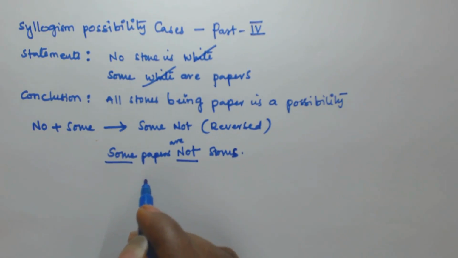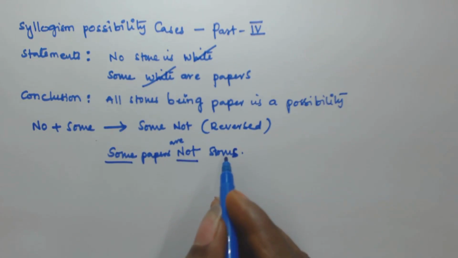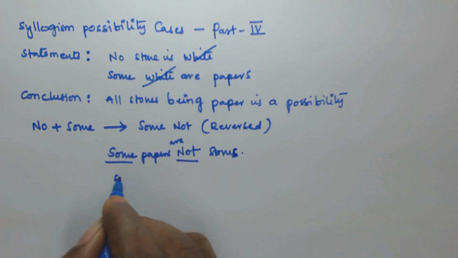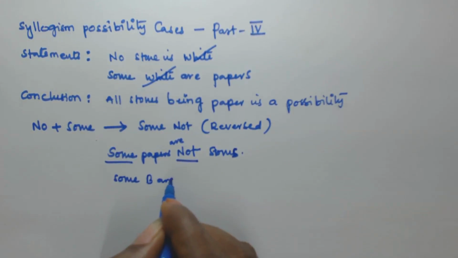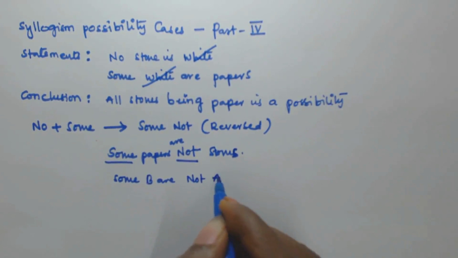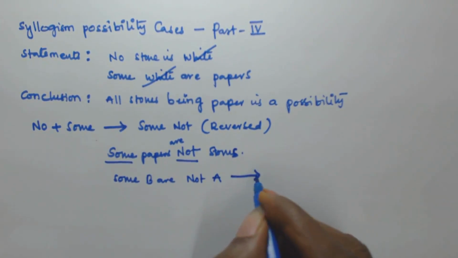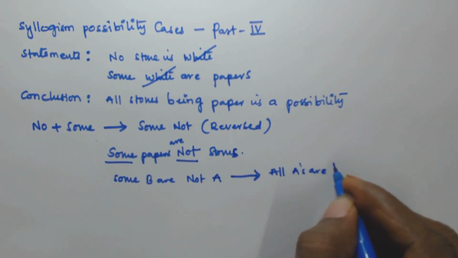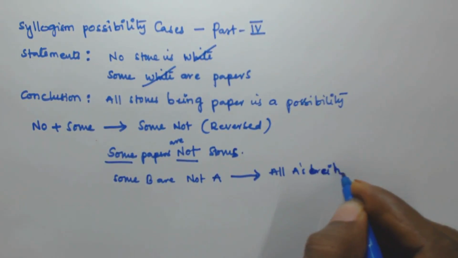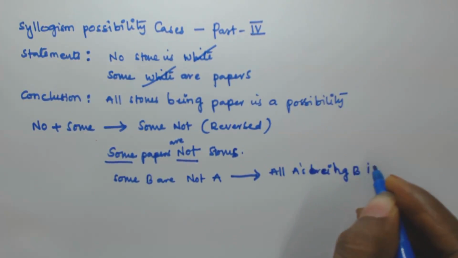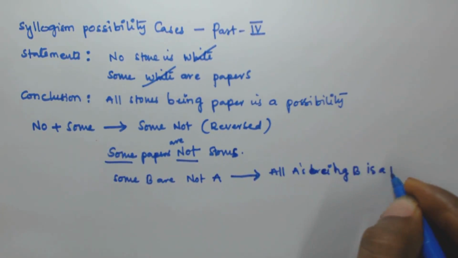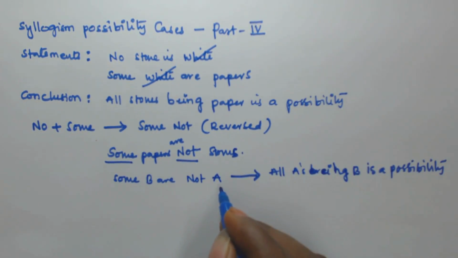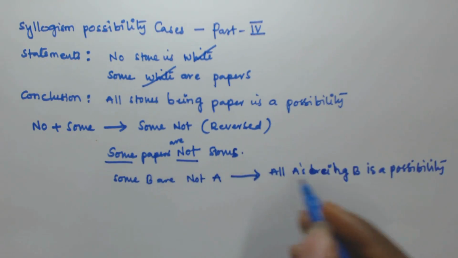In the previous video I told you that if some B's are not A, then all A's being B is a possibility.